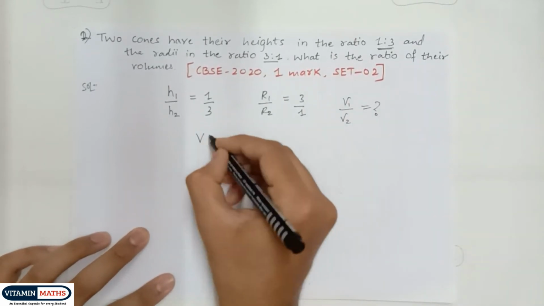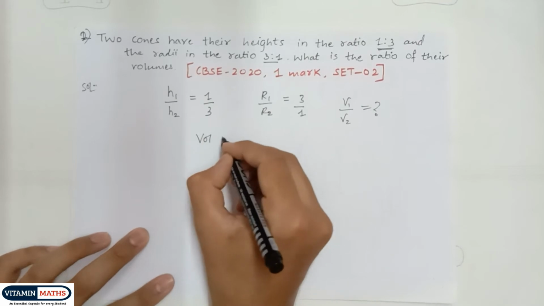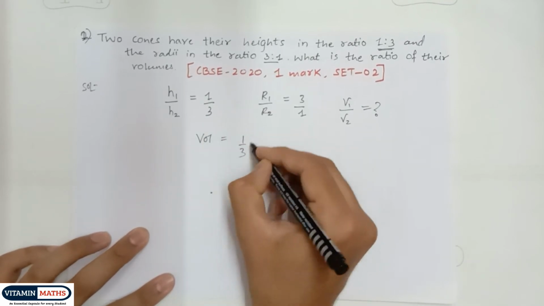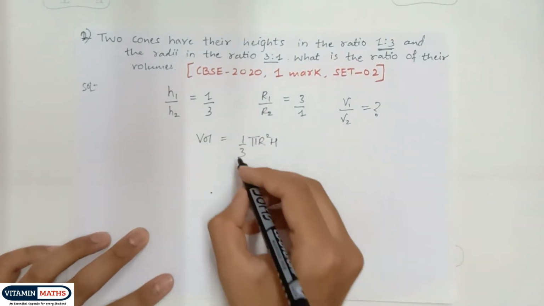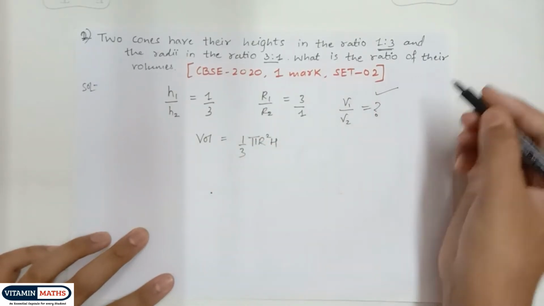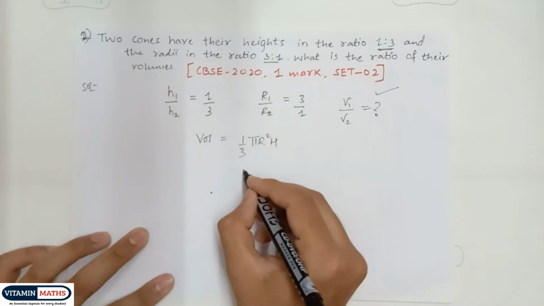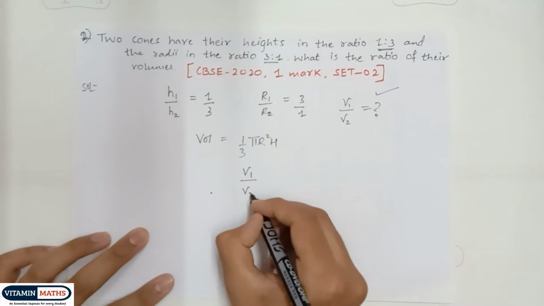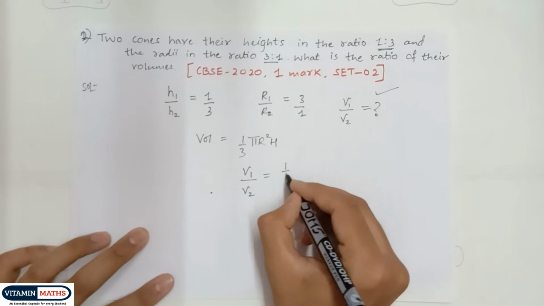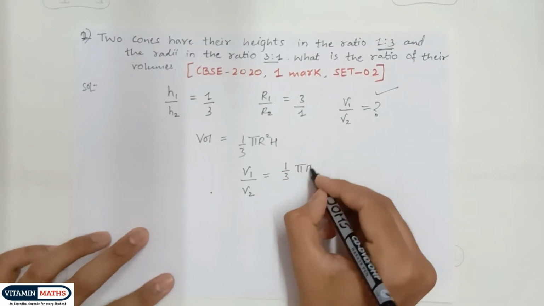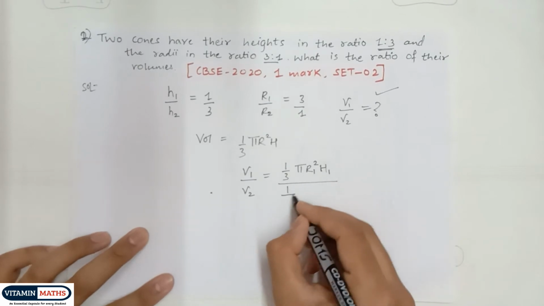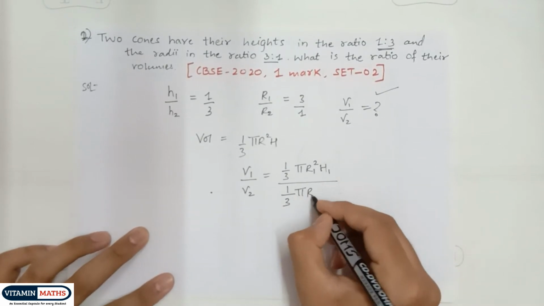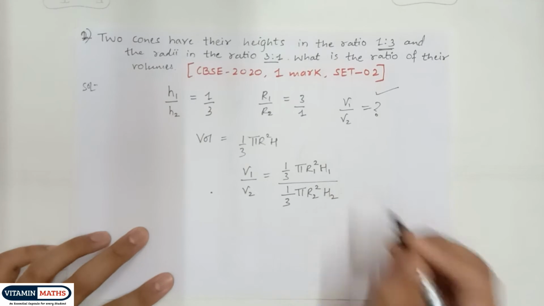We know the volume formula for a cone is 1 by 3 pi r square into h. Now we take the ratio. We want the ratio v1 by v2. So v1 is 1 by 3 pi r1 square into h1 divided by 1 by 3 pi r2 square into h2.